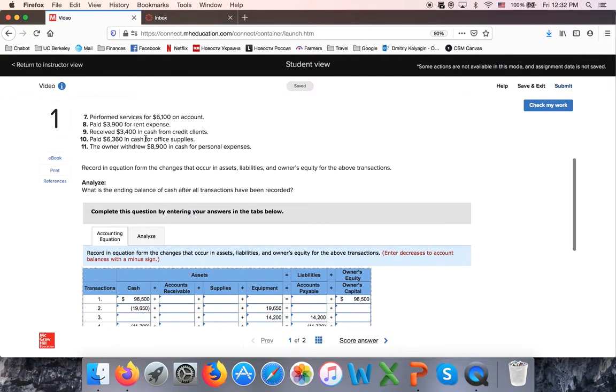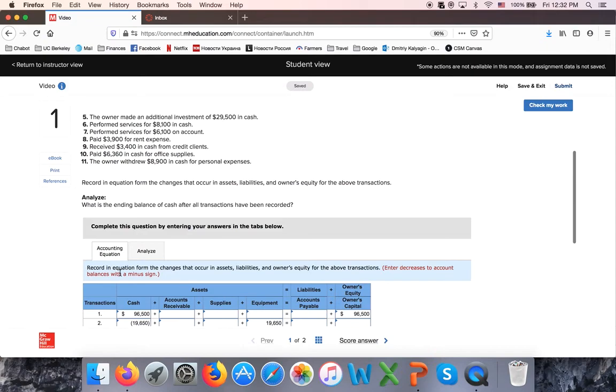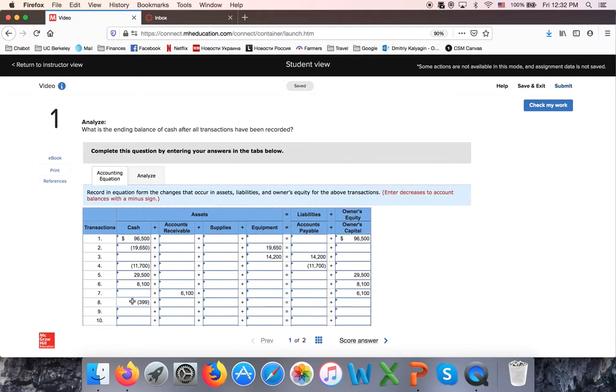Transaction number 8, I paid 3,900 for rent expense. I paid, cash goes down, minus 3,900. And guys, this is an expense. I don't have a separate column, so I'm going to put it as a negative against capital. So when we have expenses, what happens to capital?